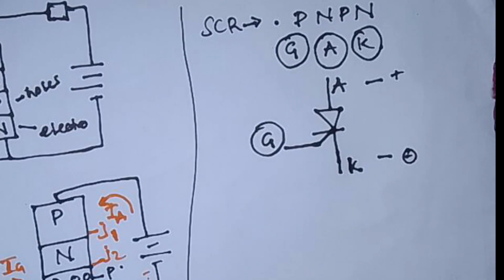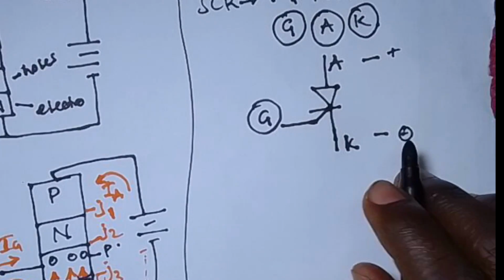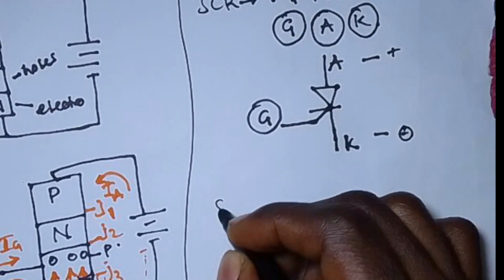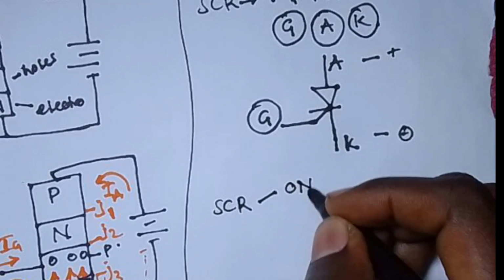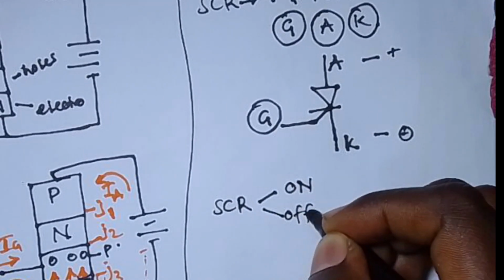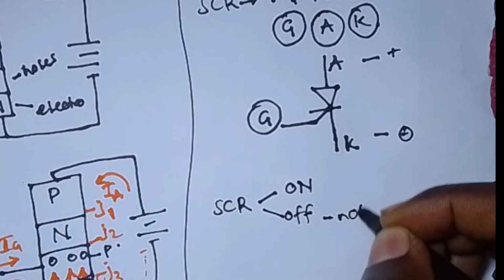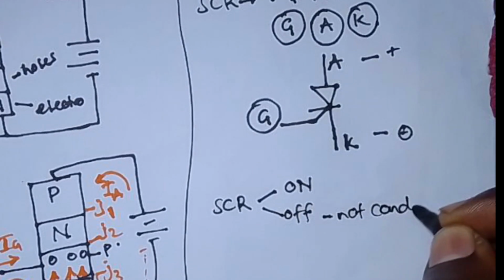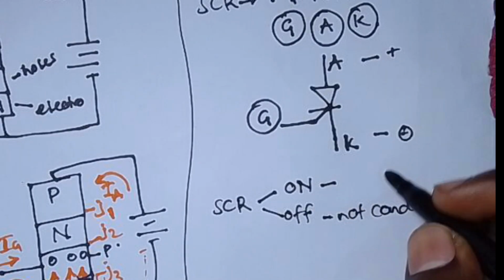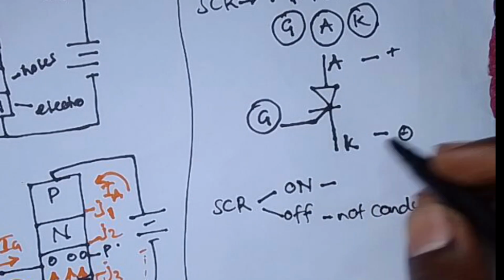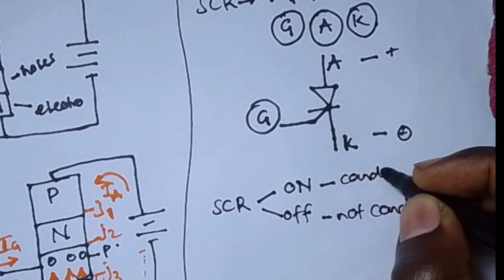So to continue, we say that this SCR has two modes. The SCR is either on or off. By off, that means it is not conducting, and when it is on, it has to be conducting heavily.